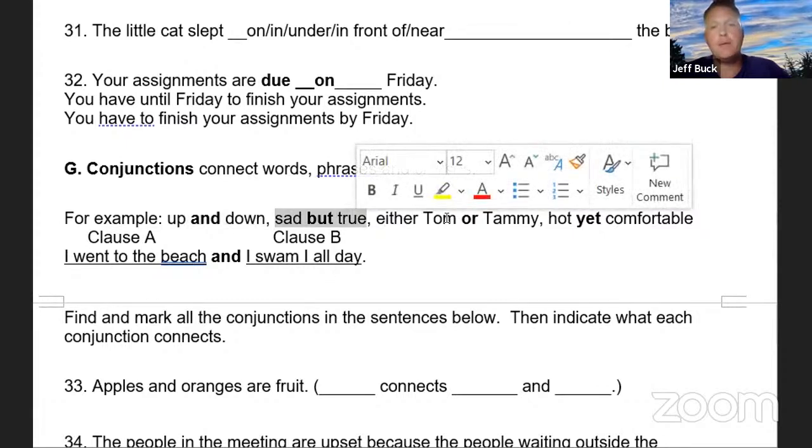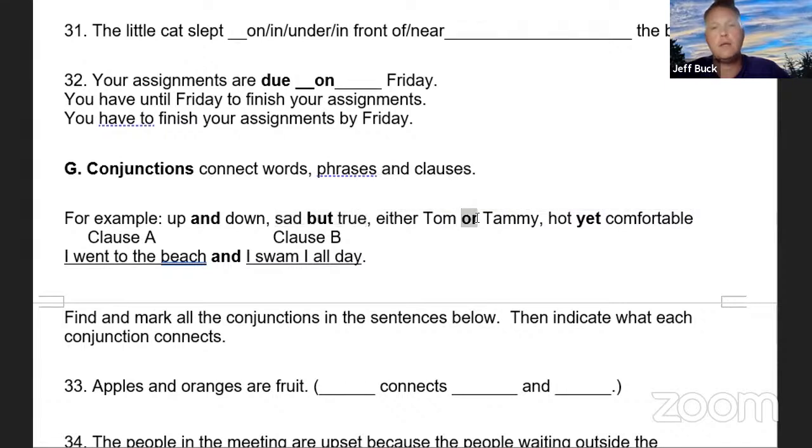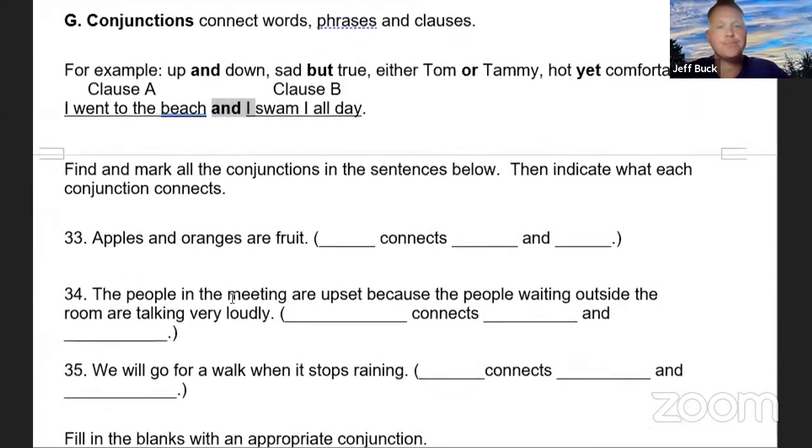Either Tom or Tammy: "or" connects Tom with Tammy. Hot yet comfortable: "yet" connects hot and comfortable. And then we might have some clauses. I went to the beach and swam, and I swam all day. Clause A, I went to the beach. Clause B, I swam all day. "And" connects those two clauses.